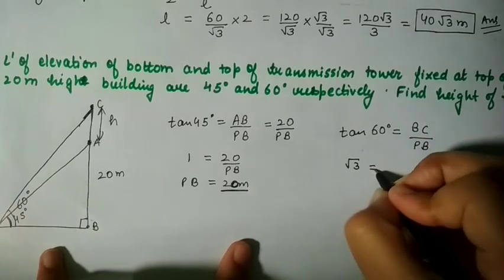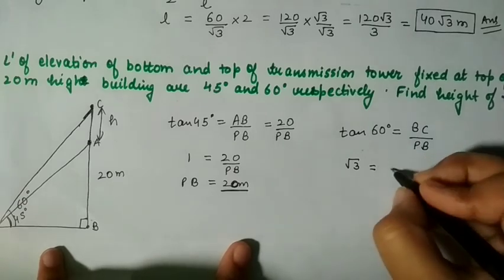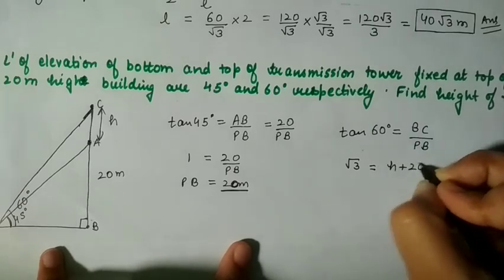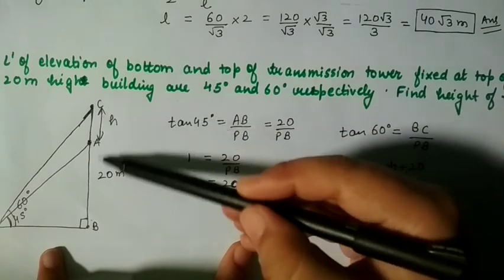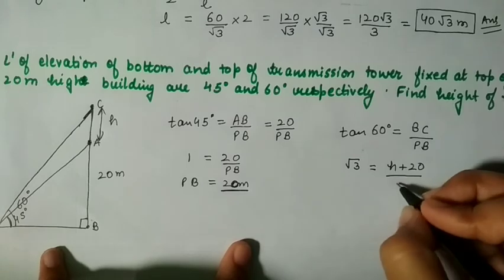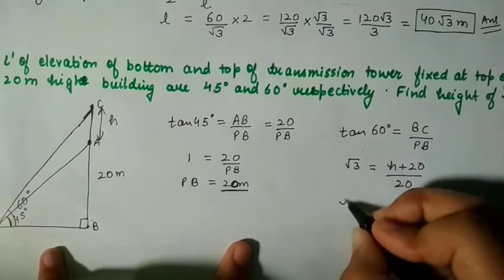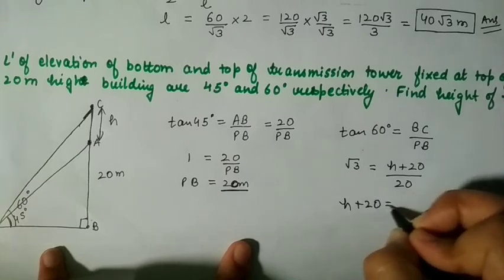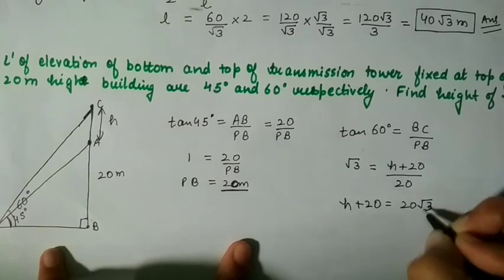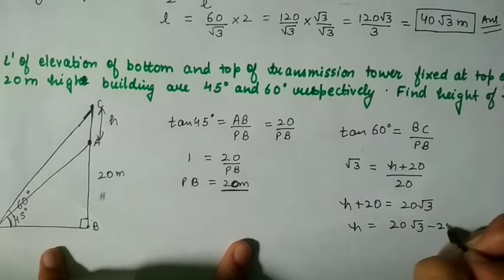So root 3 is equal to BC upon PB. BC is H plus 20, this is H and this is 20, and PB is also 20, as you have just found out. So H plus 20 is equal to 20 root 3. It means H is equal to 20 root 3 minus 20.